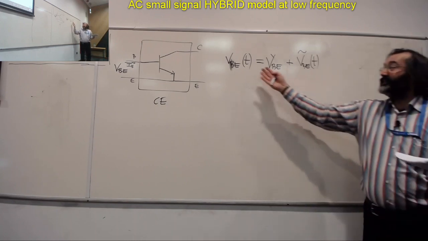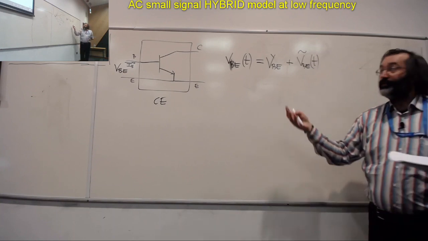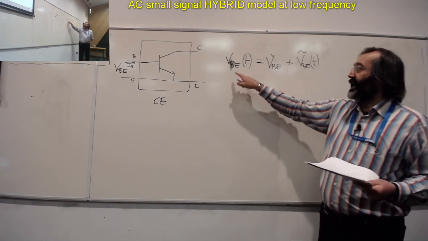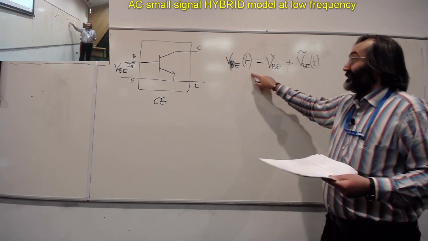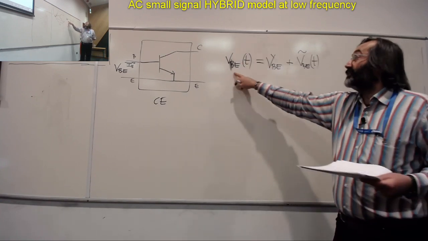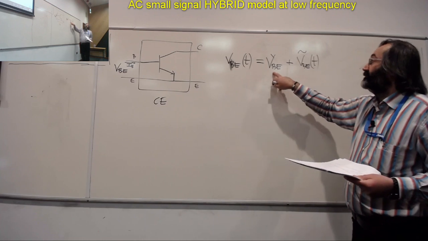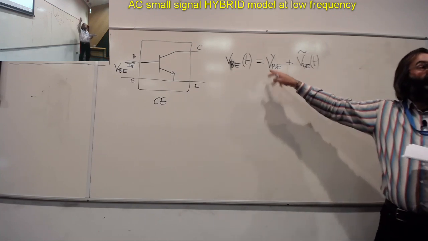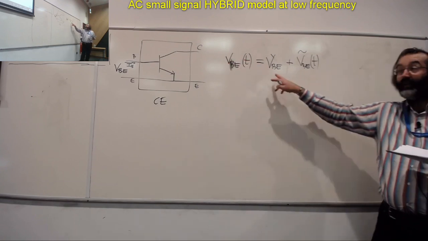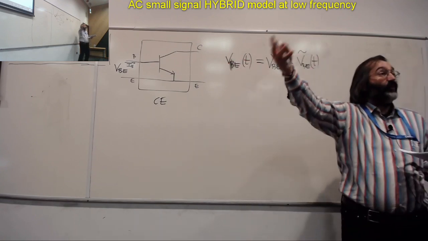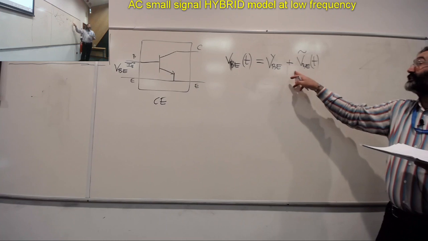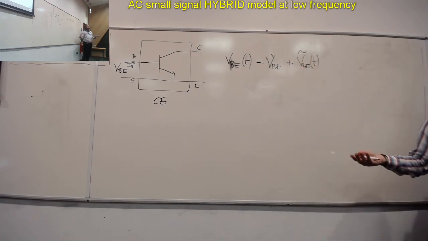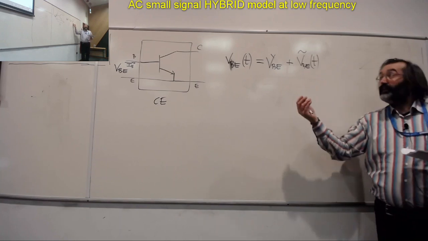So with this new approach, I will use this notation to say this is a signal that varies in time and is made by a constant value, that is the DC part, which is defined by the quiescent point, the DC analysis we did last week, plus now a small signal we will add on it, which is AC, purely AC.